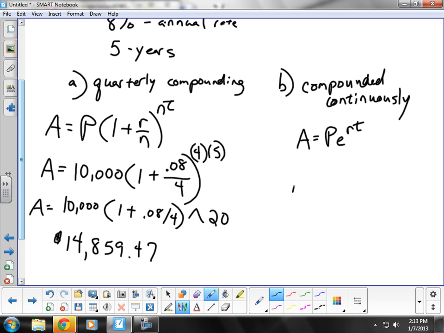All right. Okay, so I've got 10,000, and then E, and E needs to be raised to the 0.08 times 5. Because you just take the annual interest rate, just like it is, times how many years. And let's talk about how much would be in that account if we compounded this continuously as opposed to quarterly.